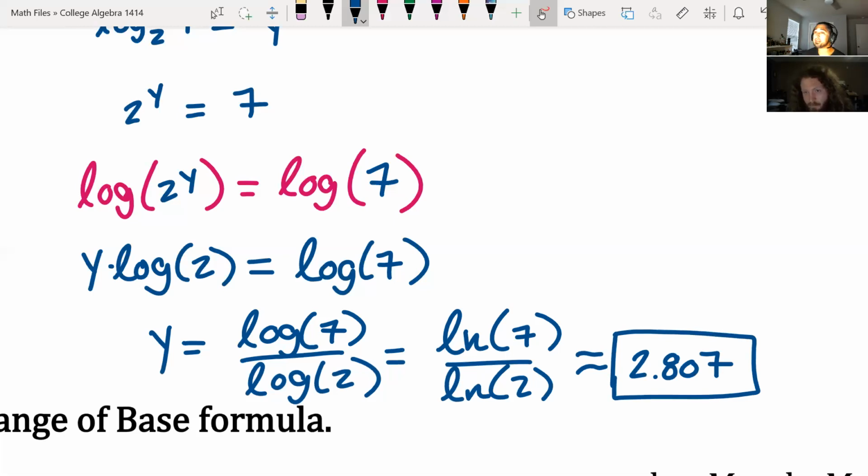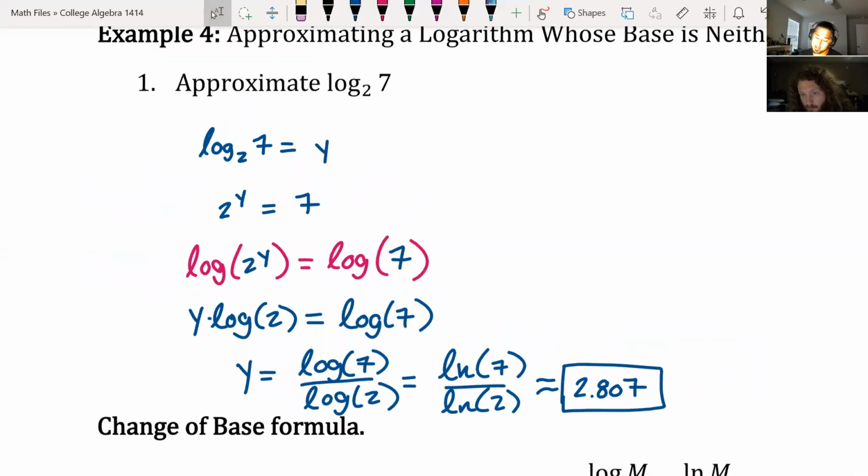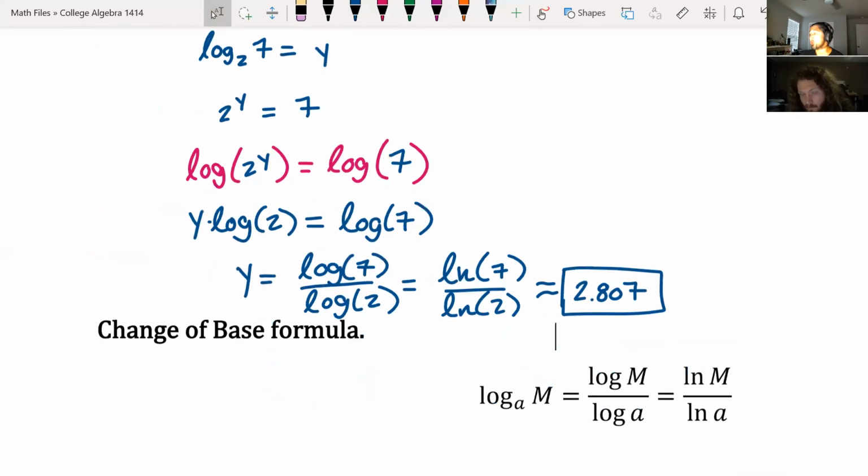Now, if you have one of those TI 5000s, then yes, you can type in a log base and life is good. Or even on Desmos, you could do it. But if you don't, then you can use this process, which is summarized as the change of base formula.